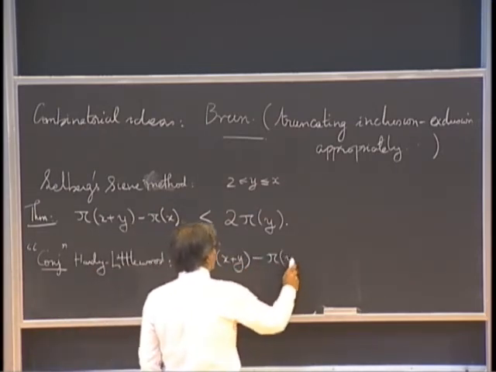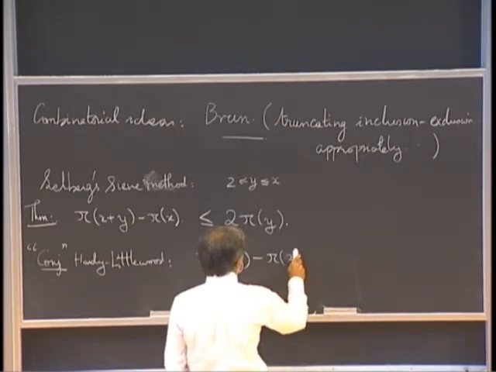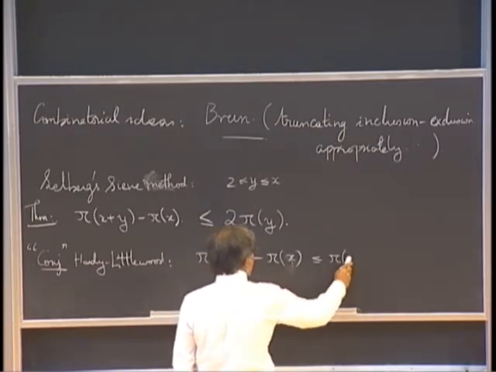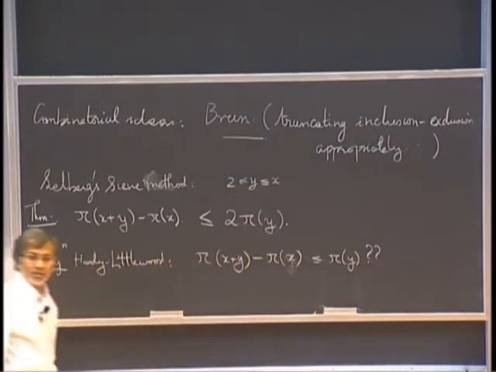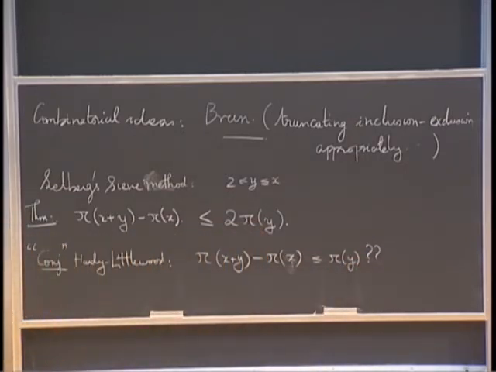You might guess that the number of primes between x and x plus y should be no more than the number of primes up to y. Right? You move your intervals far enough, the primes keep thinning out. So maybe if you're far out, then the number of primes in that interval should be no more than what you had in your initial segment.